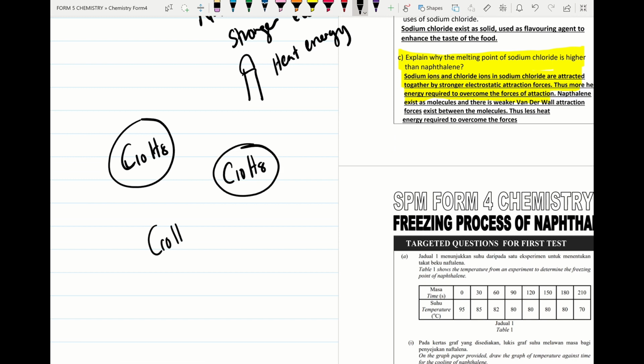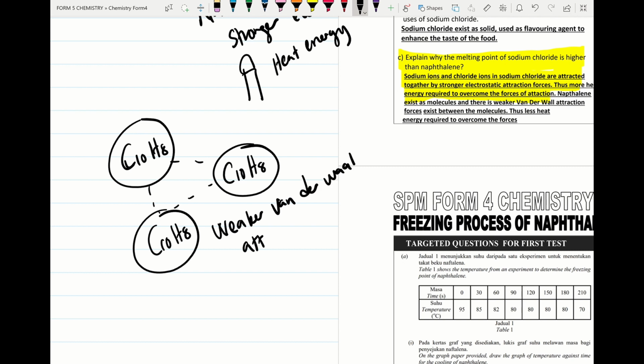So please remember, weaker van der Waals forces exist between the molecules of naphthalene. Thus, less heat energy is required to overcome the forces of attraction.